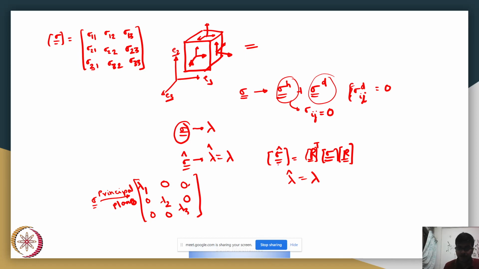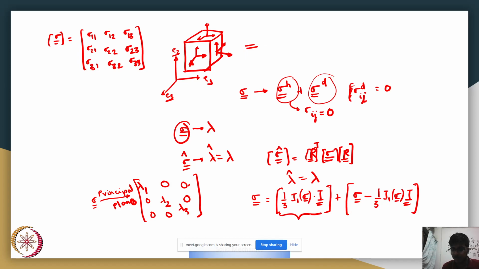Now what we do is we rewrite sigma as one third I1 of sigma times the identity tensor, plus sigma minus one third I1 of sigma times the identity tensor.